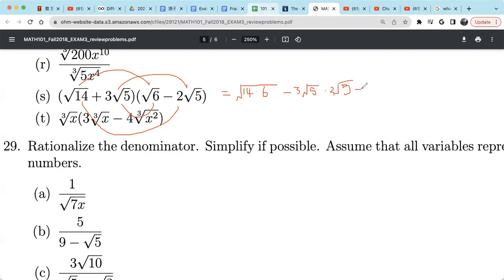Then the bottom I have 3 radical 5 times radical 6. Times radical 6. The inner 2, right? This inner 2. Then the outside 2, positive times negative becomes negative. Negative square root of 14 times 2 radical 5.